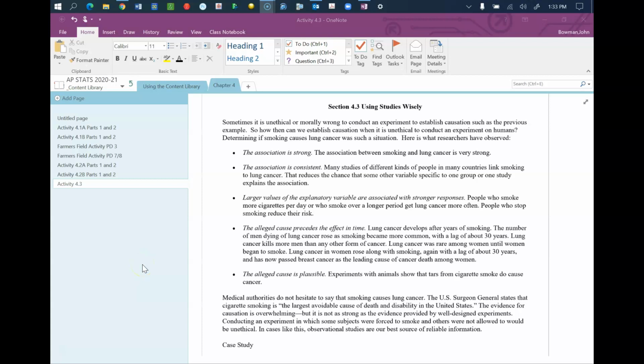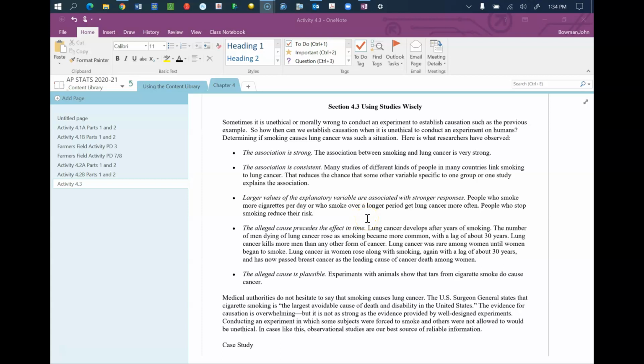They see that large values of the explanatory variable are associated with stronger responses. So in other words, people that smoked more tended to have earlier lung cancer or have worse lung cancer. They determine that the cause comes before the effect in time, which they did with smoking and lung cancer.